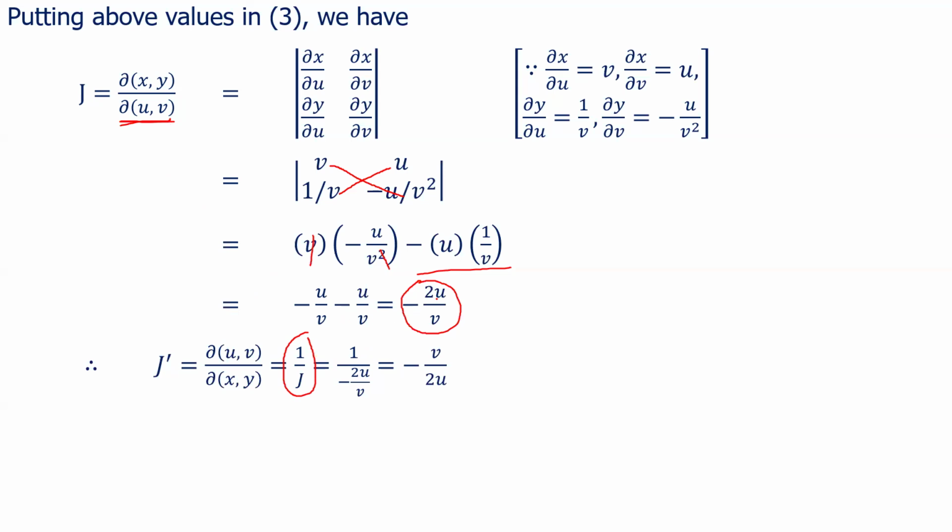It is minus 2u upon v, and then this v goes to the numerator, so it becomes minus v upon 2u. Hence, the Jacobian of uv with respect to xy is equal to minus v upon 2u. This is the desired Jacobian of the given functions. Thank you.